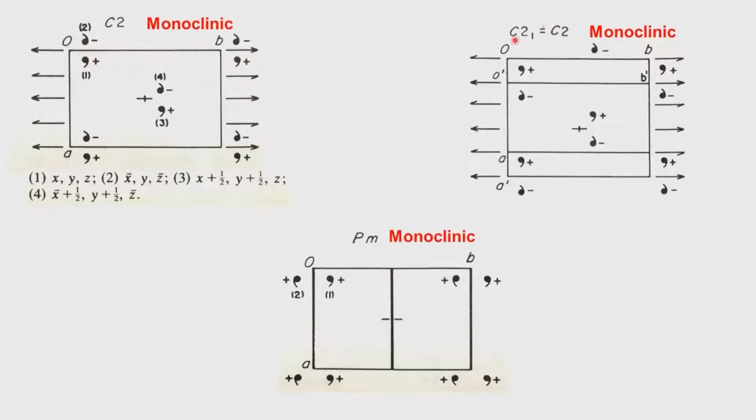Now, if we consider the presence of the 2-1 screw axis, the 2-1 screw axis will appear again at half position. And so, this particular point which we see here now looks at the 2-1 screw axis here, and because of that presence of this 2-1 screw axis, this should undergo a 2-1 screw operation which will take it to this point.